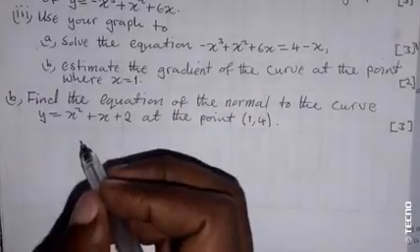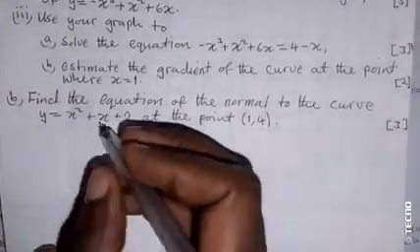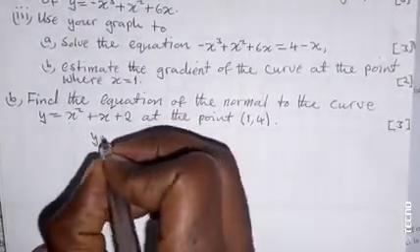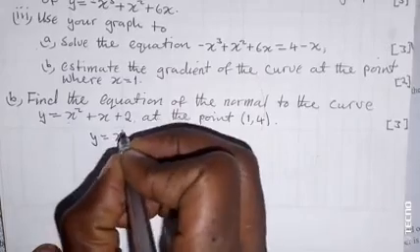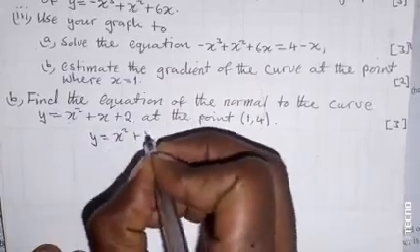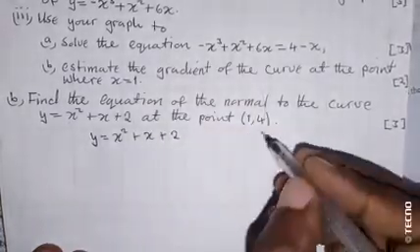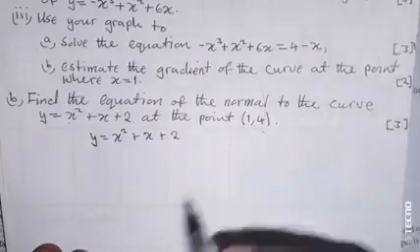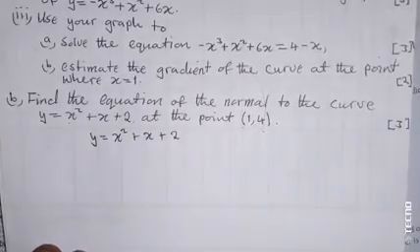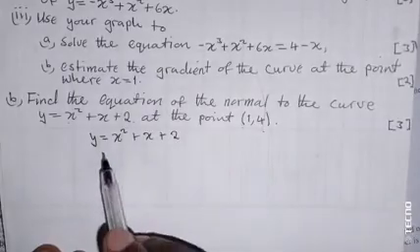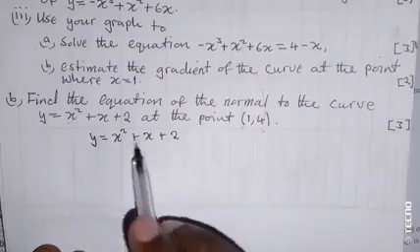So here we have been given y is equal to x squared plus x plus 2 at the point. So now for us to find the gradient here, we are going to differentiate this.